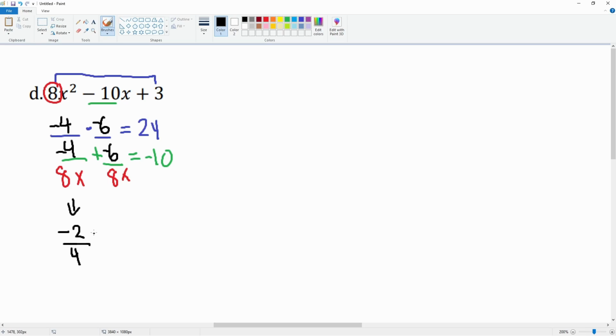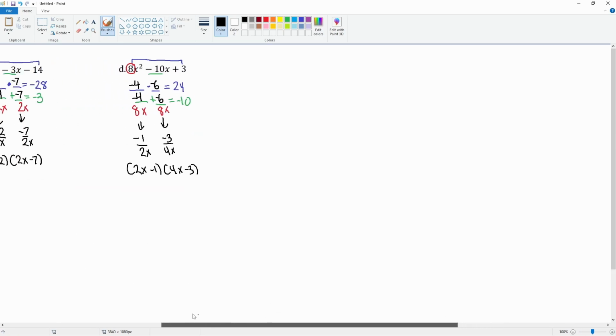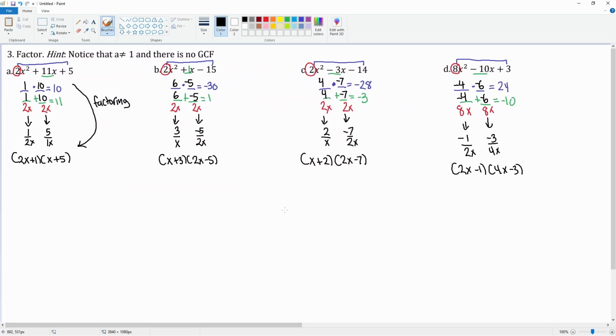Oh, actually 4 goes into both then. 4 goes into 4 1 time. 4 goes into 8x 2 times. Okay. 2 goes into negative 6, negative 3 times. 2 goes into 8x 4x times. So the factors are 2x minus 1 and 4x minus 3. There you go. That is completely factoring out all these trinomials.